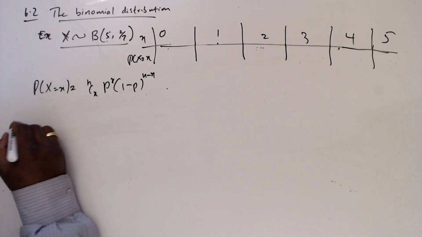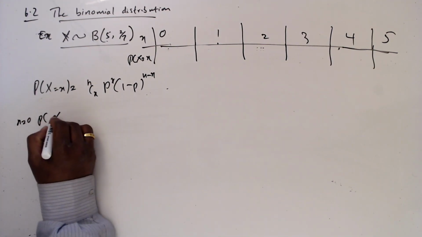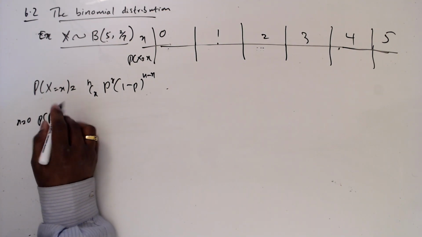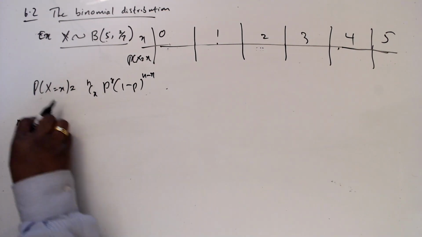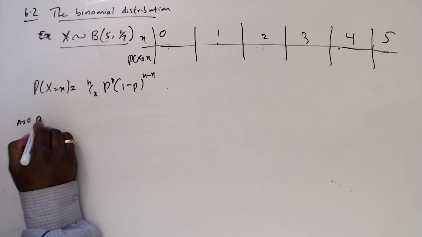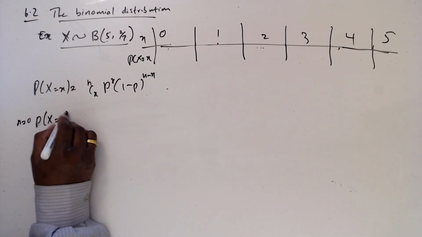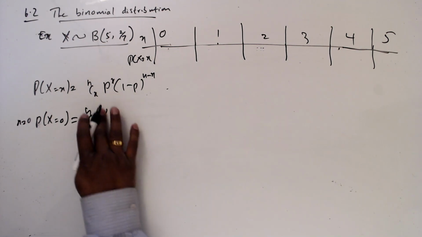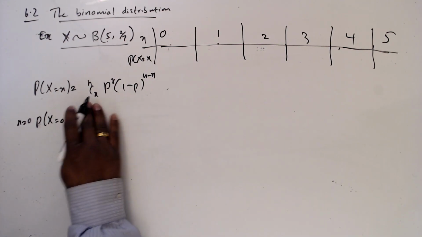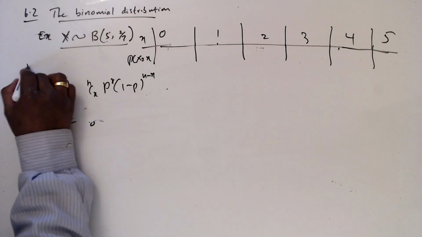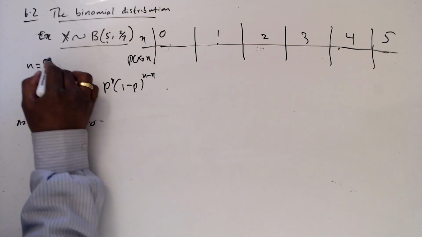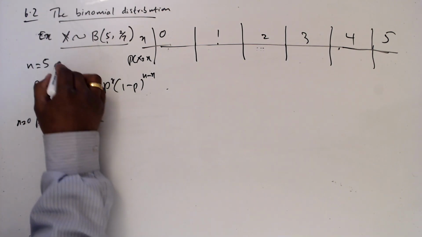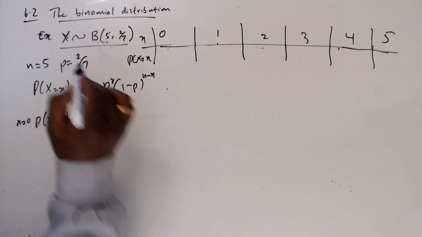Now x equals 0, the probability of x equals 0, is nC0 p. What is the p value now? Okay, so now we have to define p. n equals 5, the number of trials, and the required probability is 2 over 7.